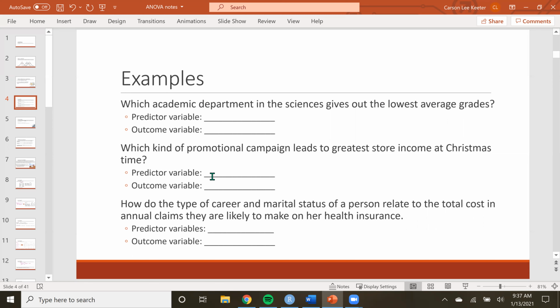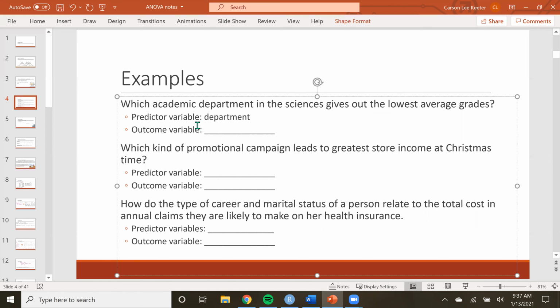I just named six right there. Our predictor is the academic department, okay? It's the overall umbrella term we use to say the things that our groups are a part of. So in this case, it's department.